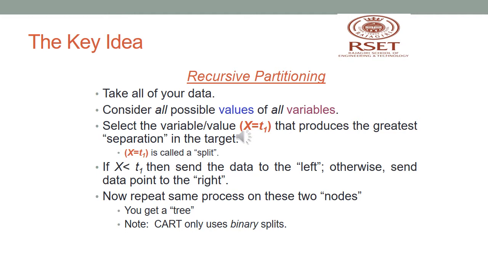If x is less than t1, then send the data to the left; otherwise, send the data point to the right. We repeat the same process on these two nodes and finally you get a tree. So CART only uses binary splits.